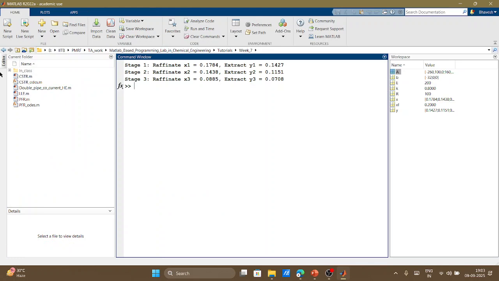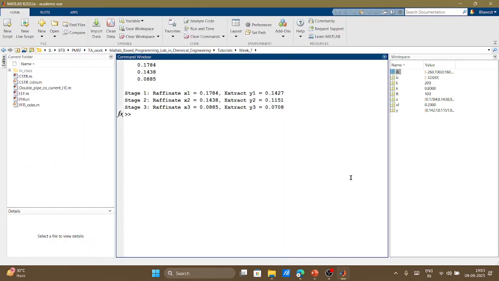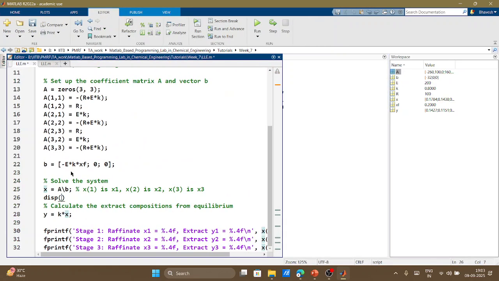Here it was working fine. If I display X here, it's all positive values. Just a minute.